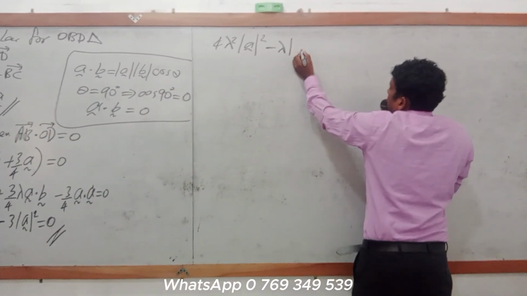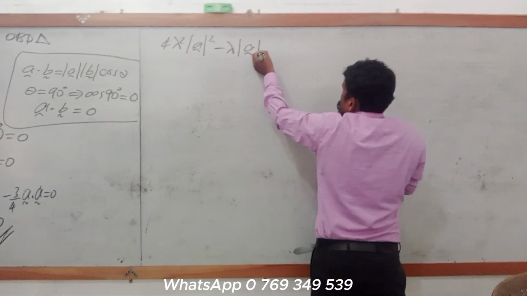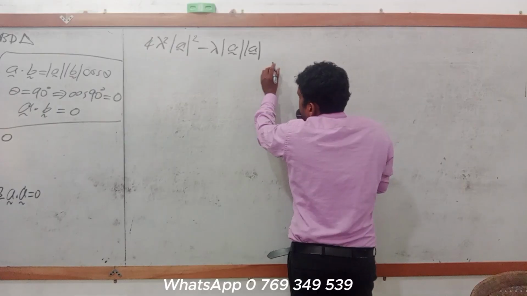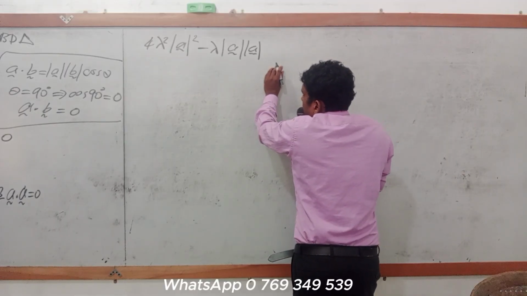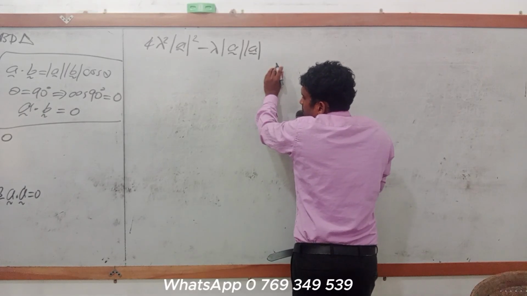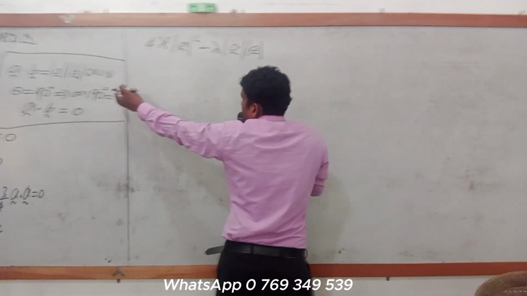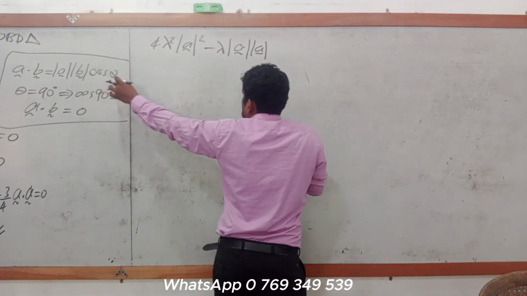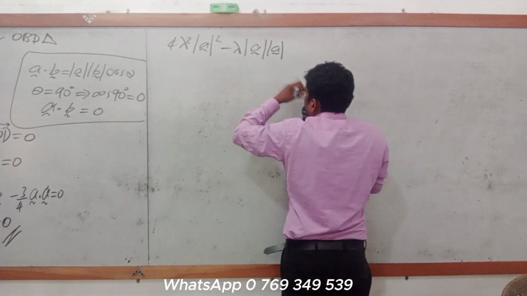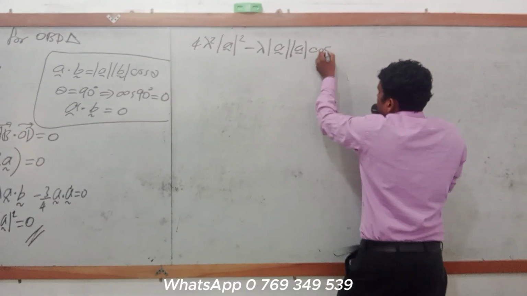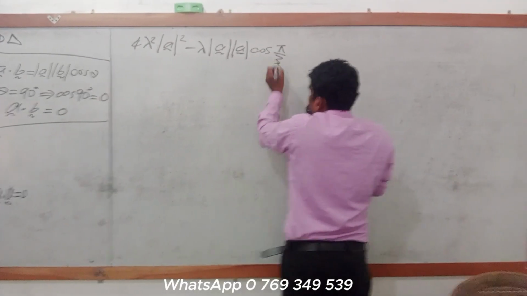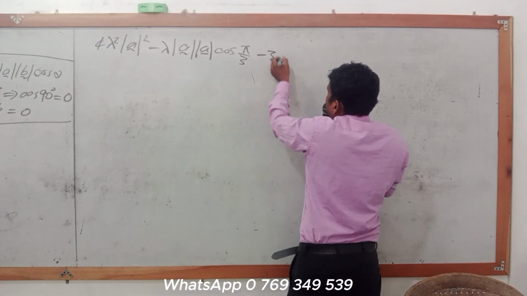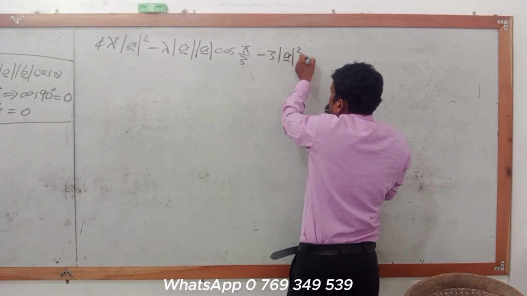Minus lambda, modulus A, again modulus A dot B. We know that A dot B equals modulus A modulus B cos theta, given that theta is pi by 3, minus 3 modulus A square equals 0.